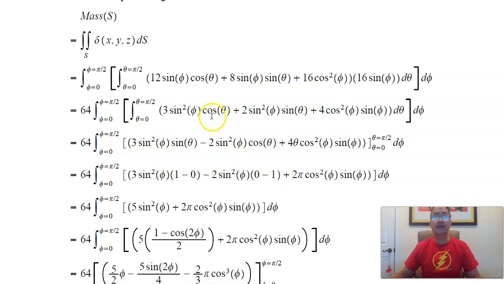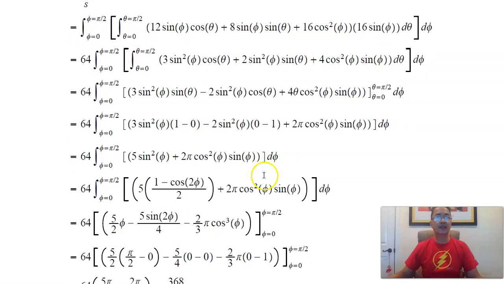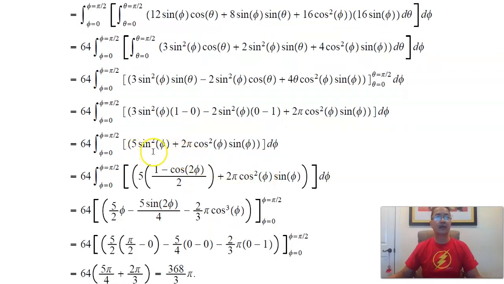We do have a cosine theta and a sine theta here, no theta over here, so we know how to integrate them, and we plug in 0 to pi over 2. So we get a pi here, we get 1 minus 0, 0 minus 1 over here, and we get something involving sine squared phi and cosine squared phi sine phi.